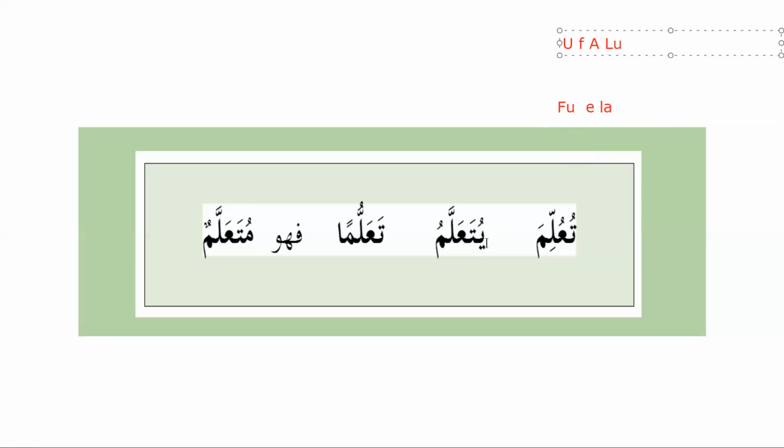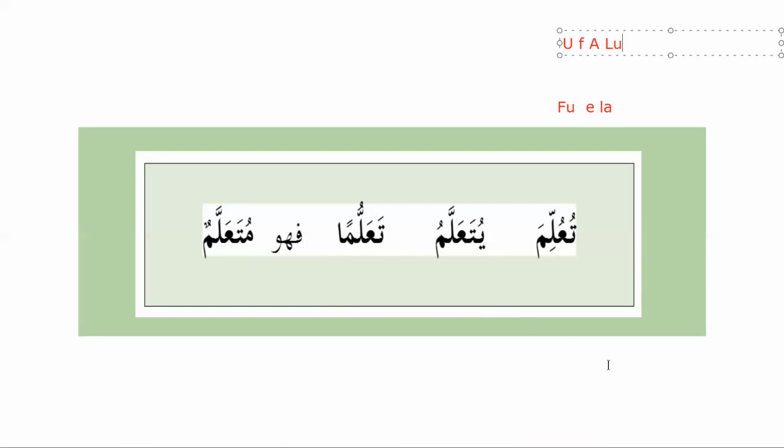So yuta'allamu. This is present passive. Tu'ullima yuta'allamu ta'alluman fahuwa muta'allamun. The one taught. Muta'allamun. Tu'ullima yuta'allamu ta'alluman, again masdar, fahuwa muta'allamun.